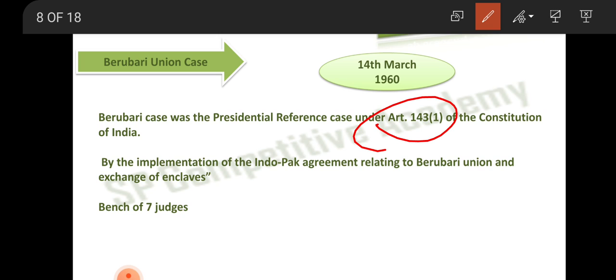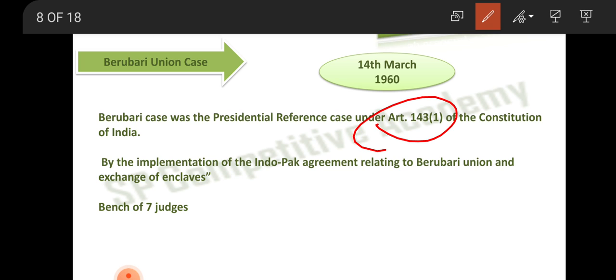According to Article 143 Clause 1, if the President has any doubt, he can consult the Supreme Court. He can take the opinion of the Supreme Court if at any time it appears to the President that a question of law or fact has arisen, of public importance, on which it is expedient to obtain the opinion of the Supreme Court. That is called Article 143.